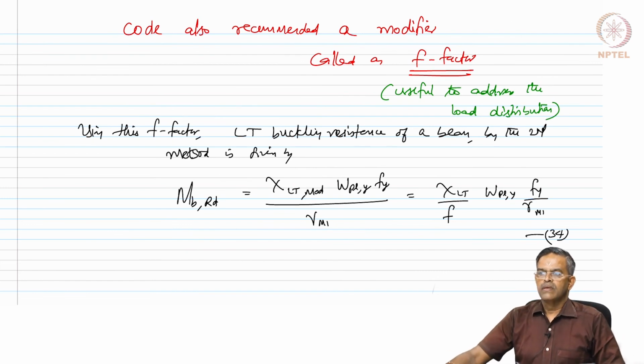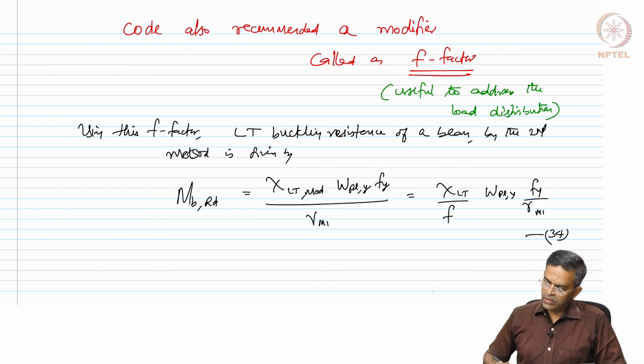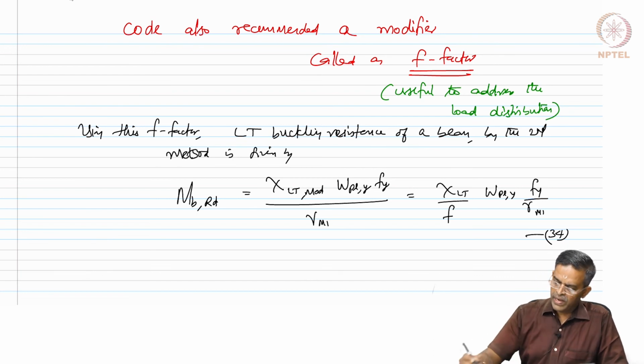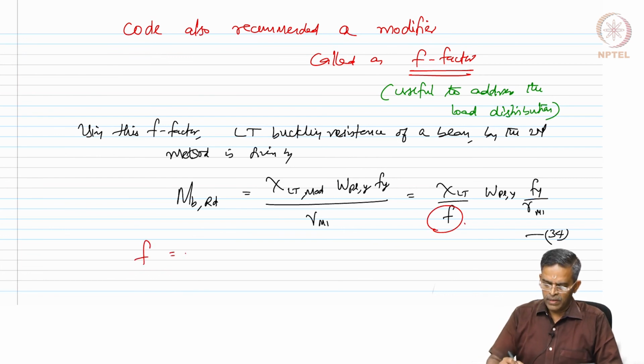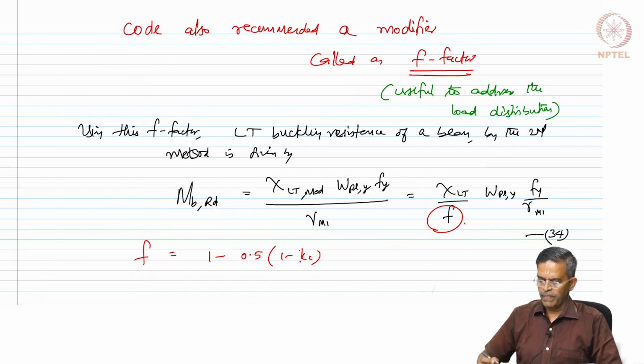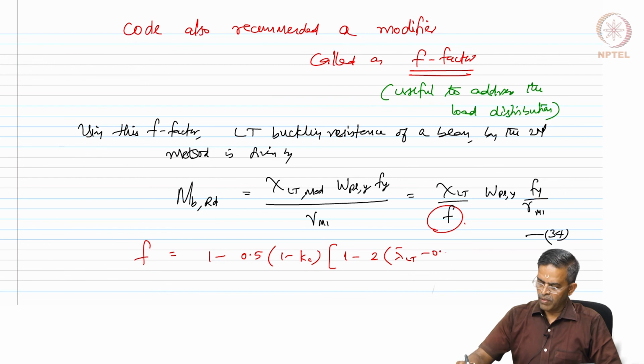Now, in this equation, you will notice there is a factor f. This factor is given by 1 minus 0.5 times 1 minus Kc, of 1 minus twice of lambda bar LT minus 0.8, the whole square, and this is limited to 1.